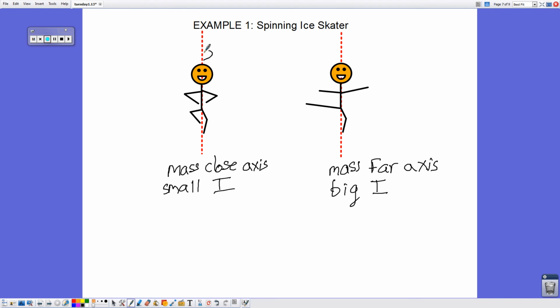Which means, if you start spinning like this, and then you stick your arms out, you have changed your moment of inertia in the middle of a spin. Well, conservation of angular momentum states that your angular momentum is conserved.